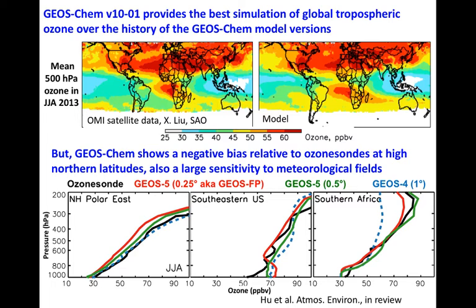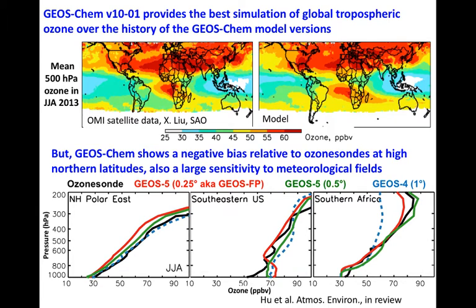In this plot, black is the ozonesonde observation, and the different colors reflect the same model driven with different meteorological fields. The current standard version we have, called GEOS-FP, in red, has a systematic bias at high latitudes.